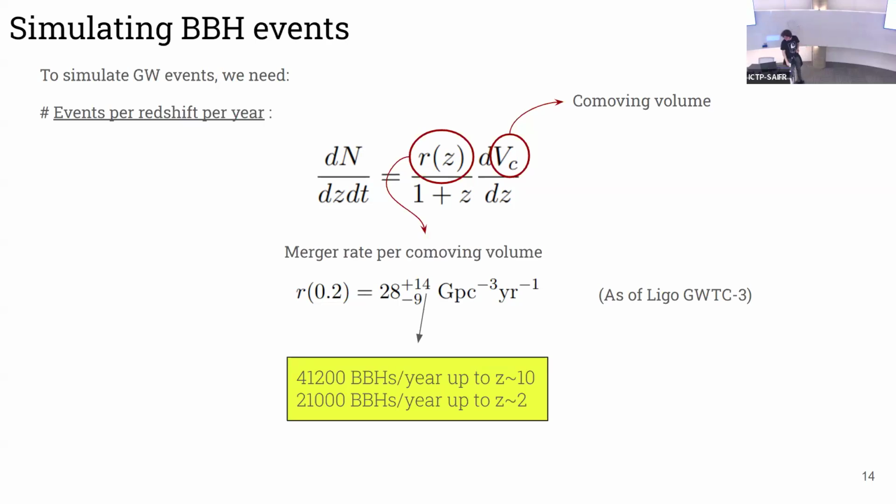From a few solar masses to 100 solar masses, that's the range over which you integrate. You have a redshift dependence, so this is 0.2. What's the redshift dependence of this? At small redshift it just goes slowly.